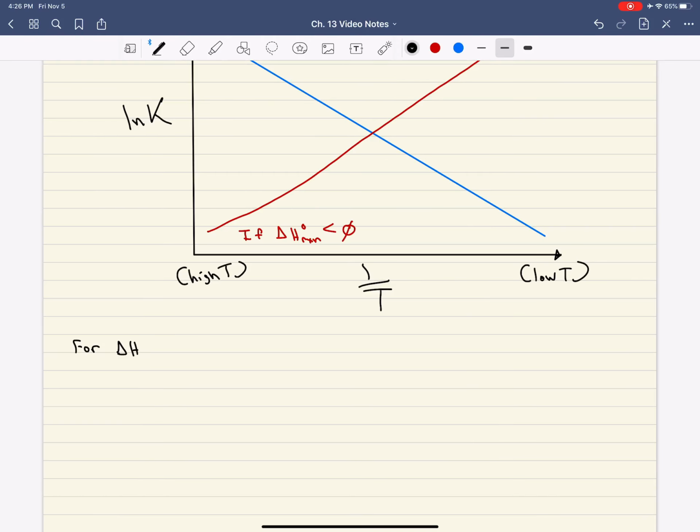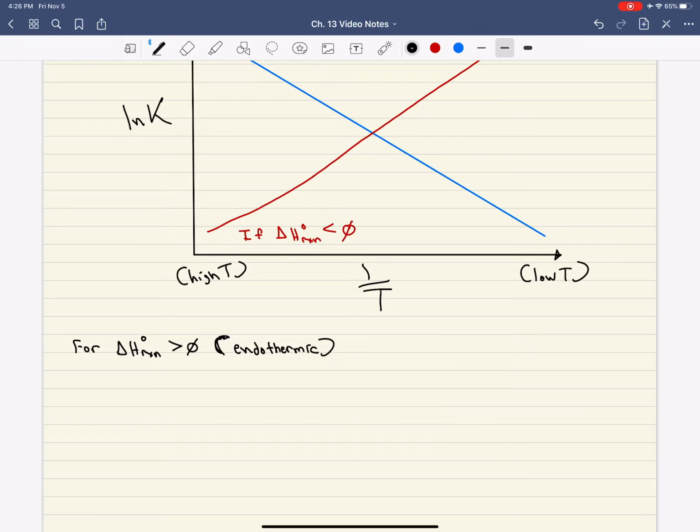It's a kind of counterintuitive thing, so I just want to write this out. For a delta H reaction that's greater than 0, what we're saying is that this is an endothermic process. Okay?